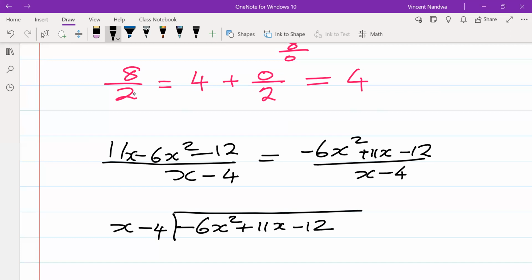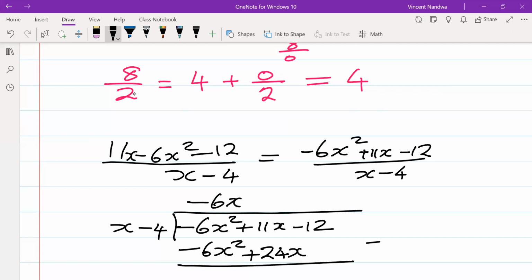It will be negative 6x. So you write negative 6x on top here. Then negative 6x by x is negative 6x squared. Negative 6x by negative 4 will be positive 24x. Okay?